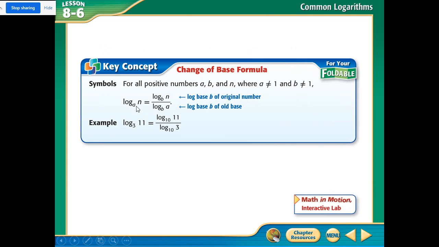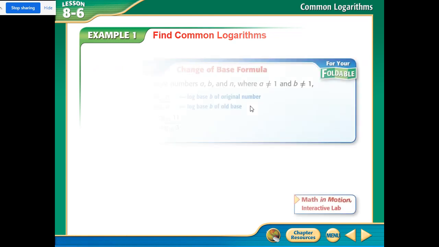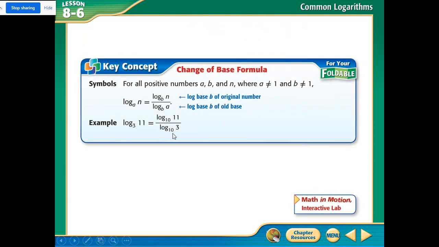So change of base is when we have log base 3 of 11. We can do log of 11 divided by log of 3. We covered this a day or so ago. Now, notice here it just says log and there's a missing base. The log base 10 is what's called the common log.